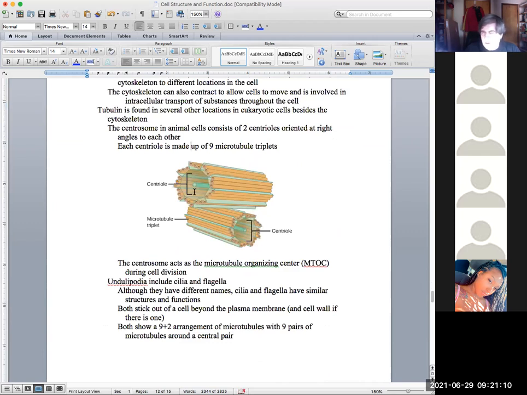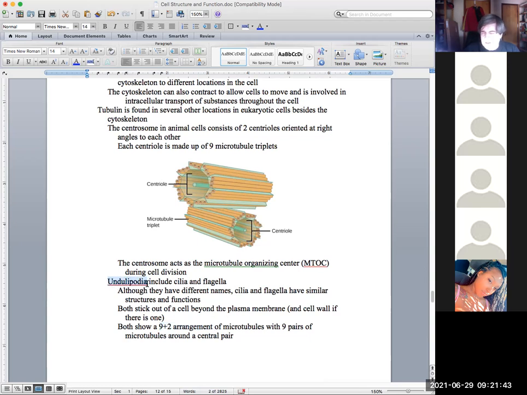Now, in a centriole, there are 9 of these around the center, and there are actually 9 pairs. The reason we say 9 pairs is they really do occur in pairs. We don't see just 18 of them. So there are 9 pairs, and then there's 1 pair in the middle. Because of this, we say that this structure is something called a 9+2 arrangement.